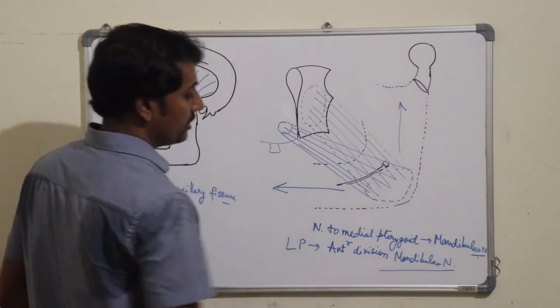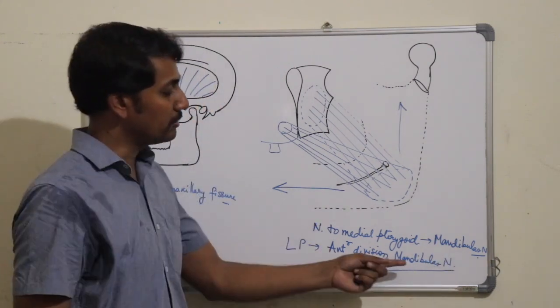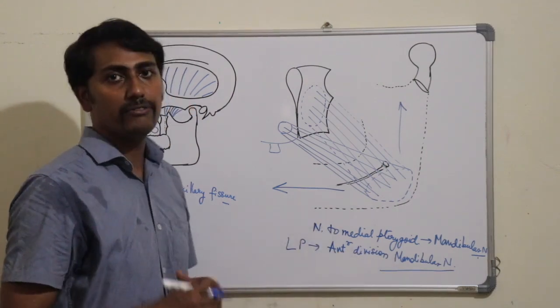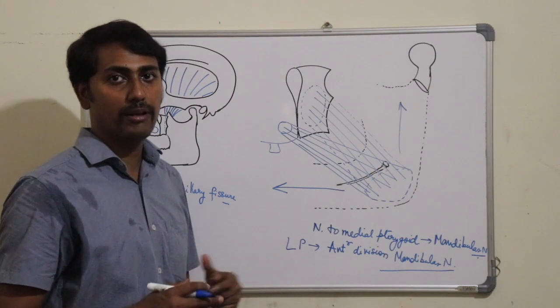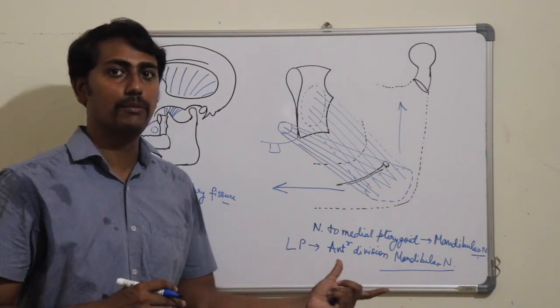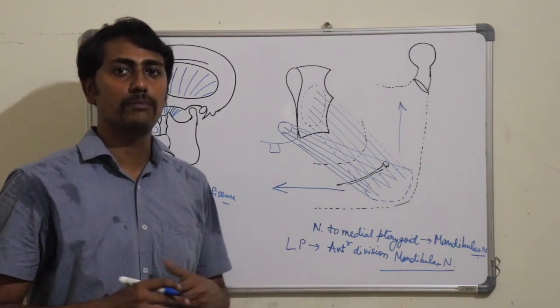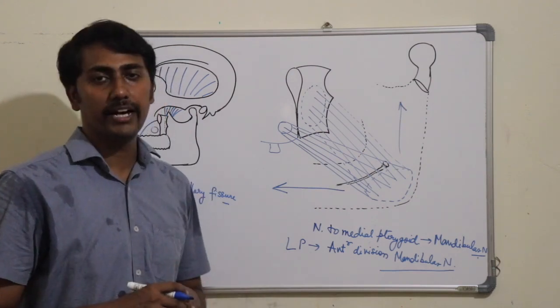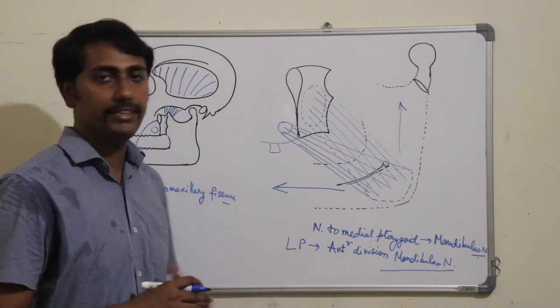So we can see here that both the pterygoids are supplied by the mandibular nerve since they are derived from the first pharyngeal arch, and the nerve supply of the first pharyngeal arch is the mandibular nerve, which is the branch from the trigeminal nerve, that is the fifth cranial nerve. One point regarding the movements of the medial and the lateral pterygoid.